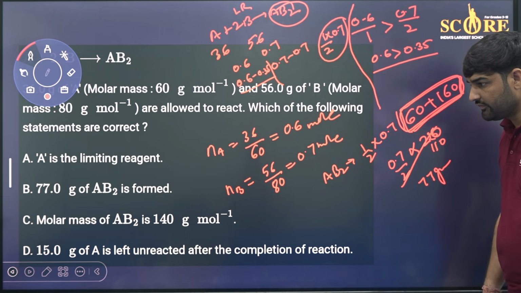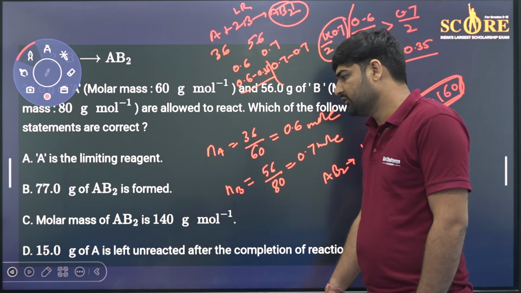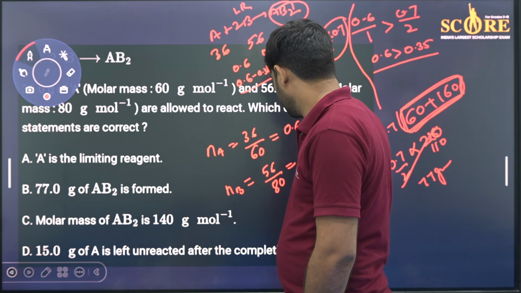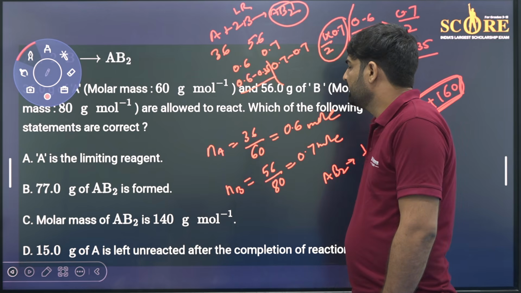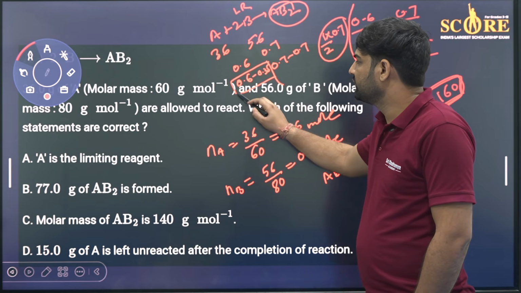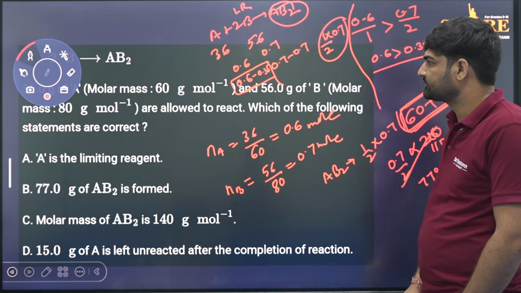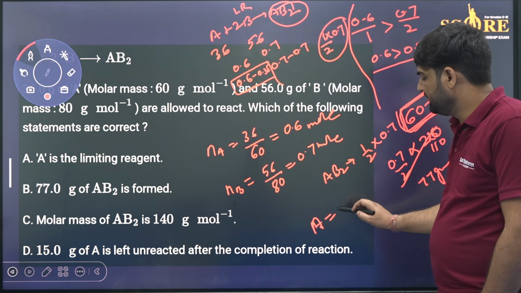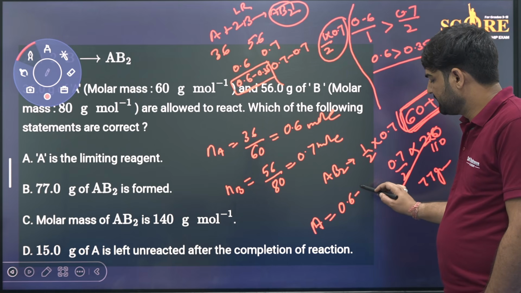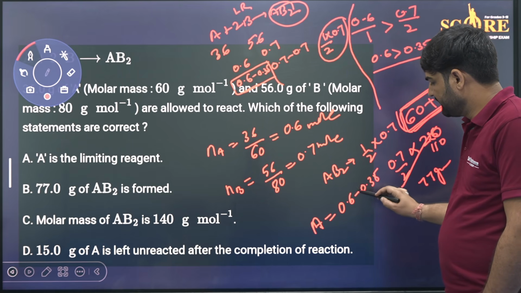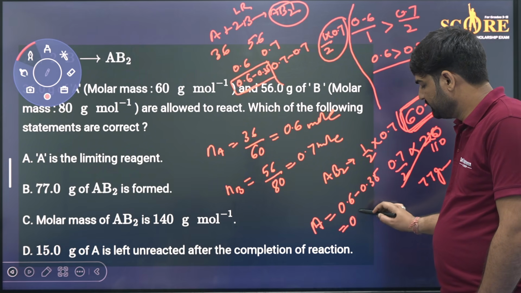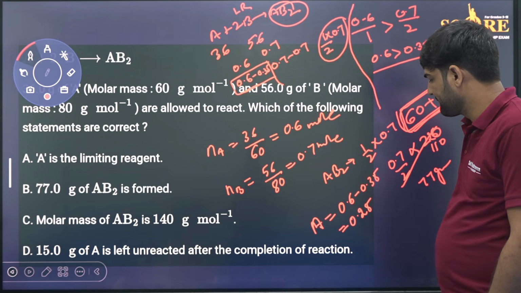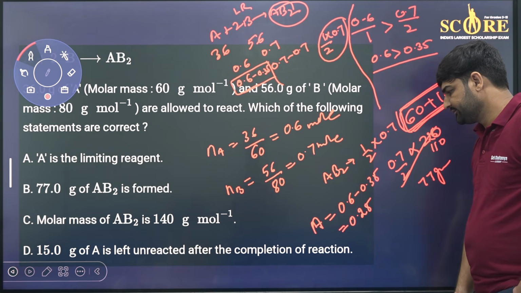Now, 15 gram of A is left unreacted after the completion of the reaction. So this is the left amount of A. What is this? Left amount of A is 0.6 minus 0.35, so this is 0.25. I think this is clear.